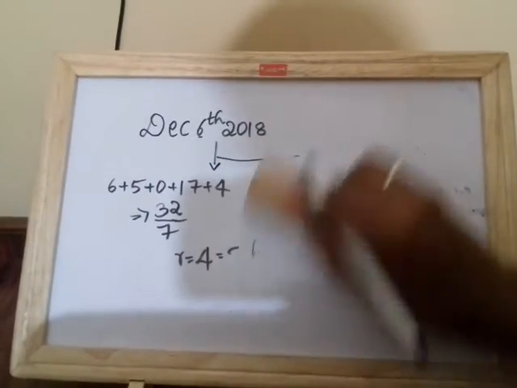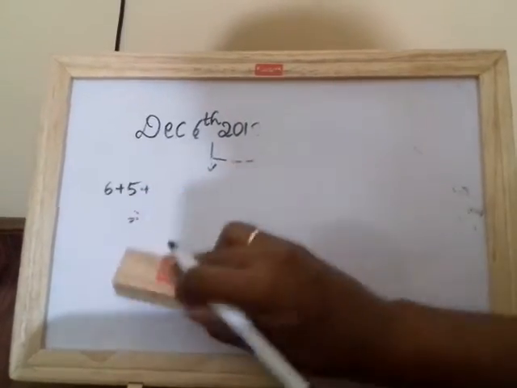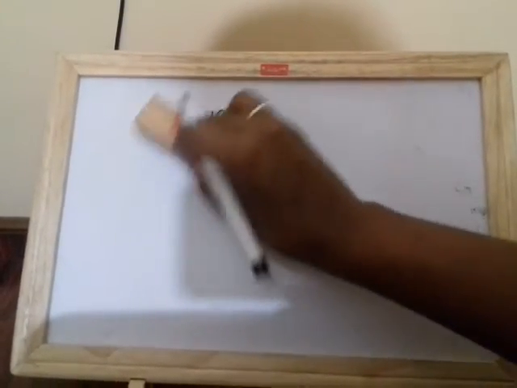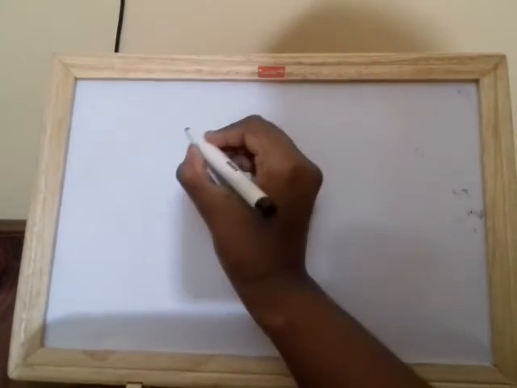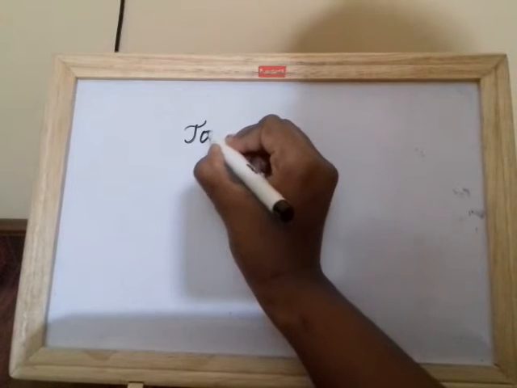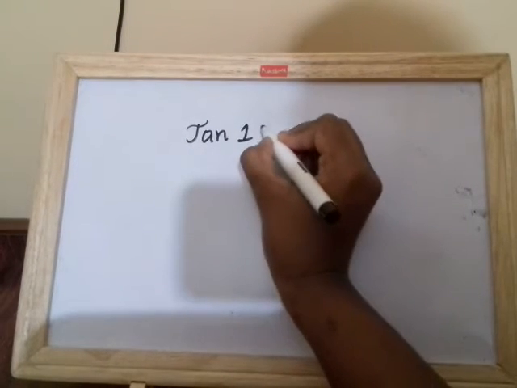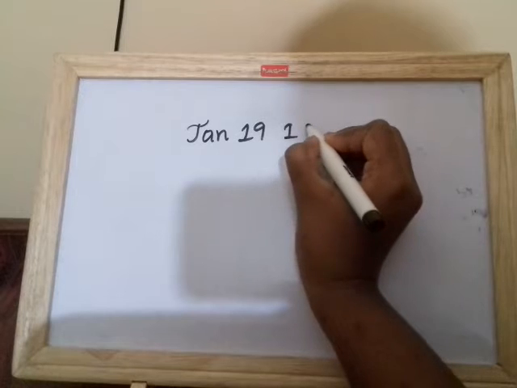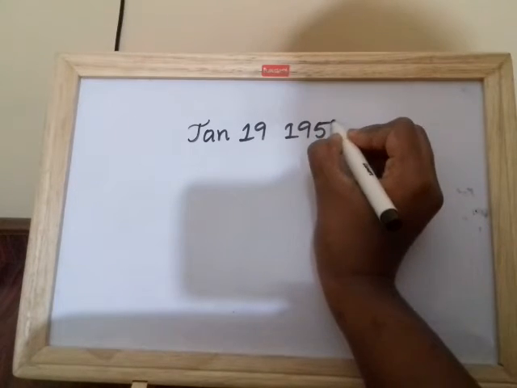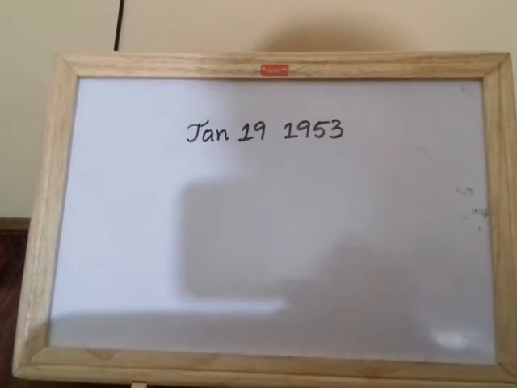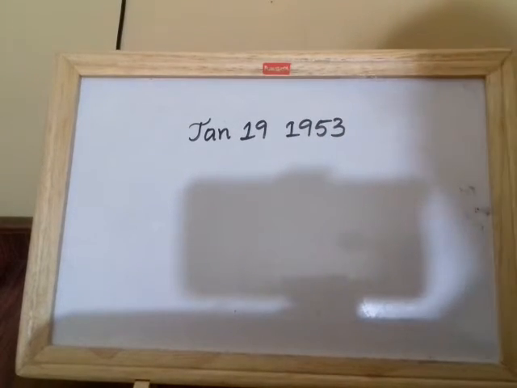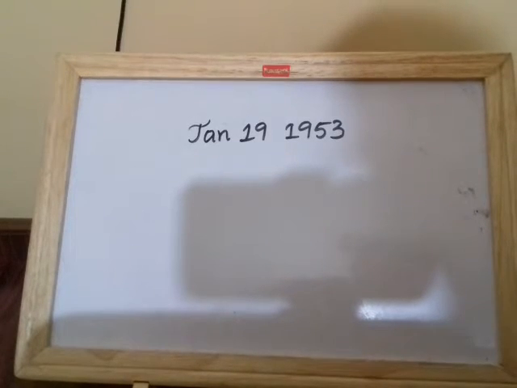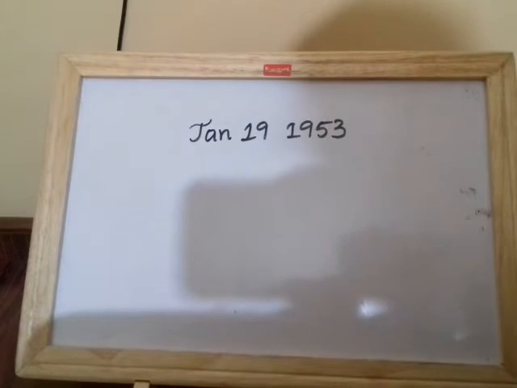So, let us apply the same logic in Jan 19, 1953. Let us find the day code. When we get the day, if we add plus 1, that would be our answer. Very simple. This is the first method to solve the question.